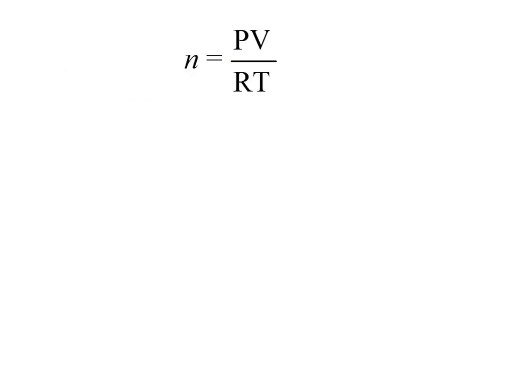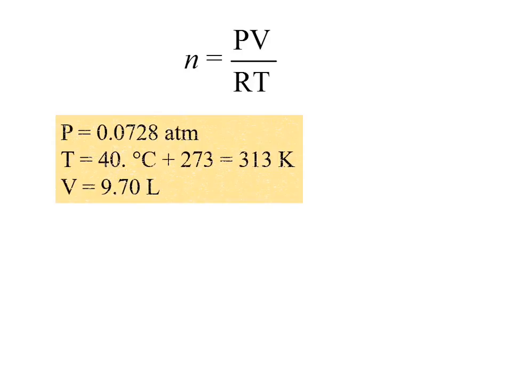If we rearrange PV equals nRT, we divide both sides by RT, move things around, and we get n equals PV over RT. I think maybe this is what you were talking about. Yeah, I was wrong though. I always have to write it out. So let's substitute what we know.